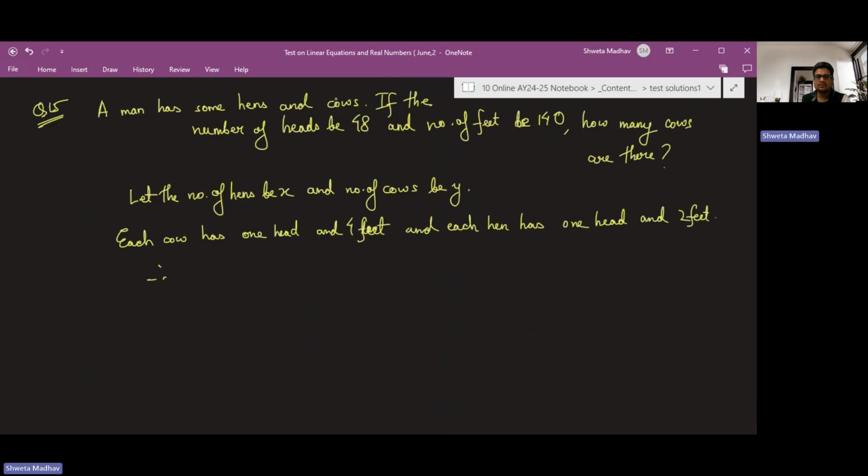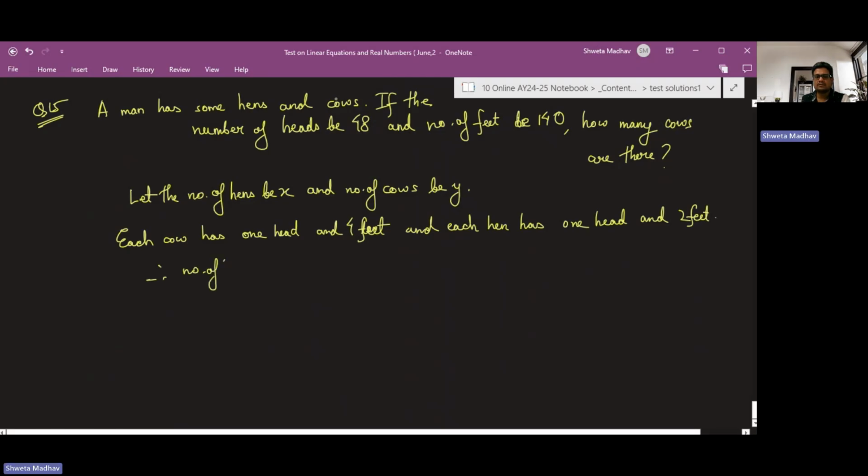So the total number of heads will be x plus y, and the total number of feet will be 4y plus 2x, since the number of hens is x and the number of cows is y.